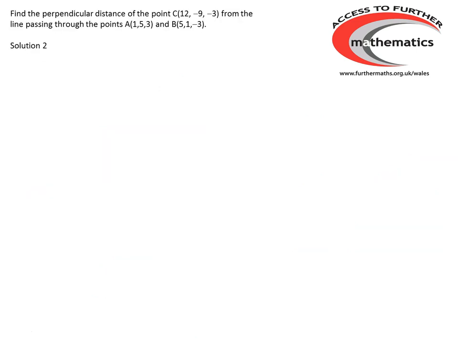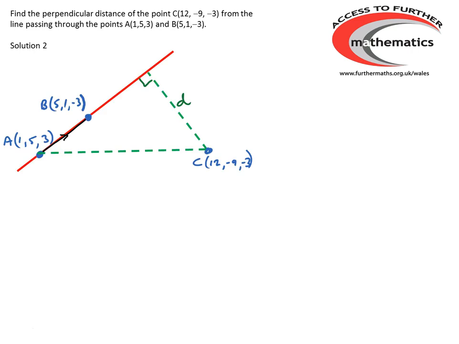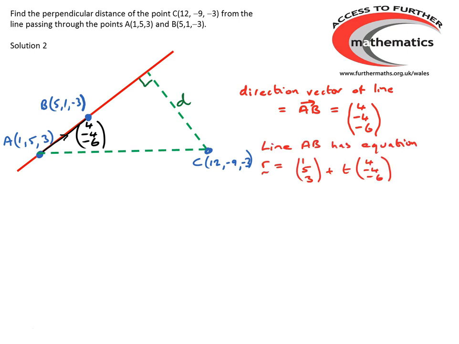Now there's a second way through this problem. Okay, again we've got a diagram to start off. The second solution takes into account, first of all, the fact that the equation of the line AB is going to be r equals (1, 5, 3) plus t times (4, -4, -6).